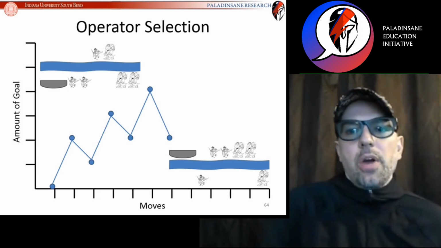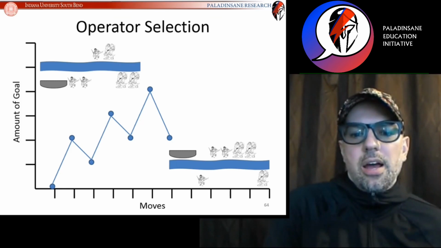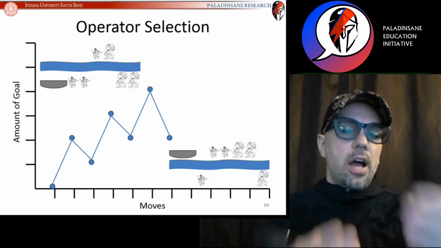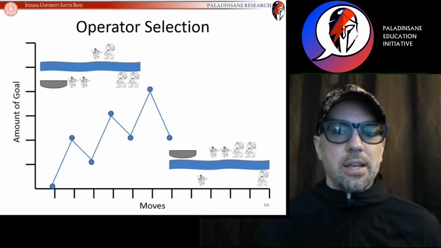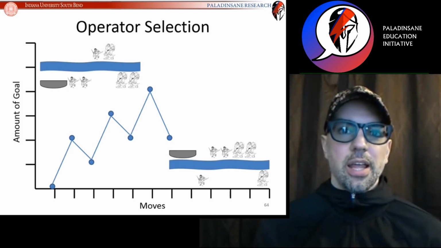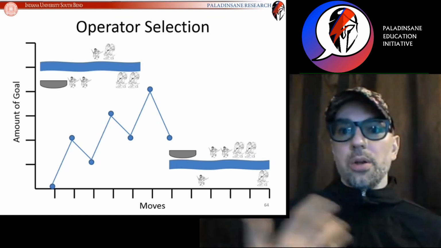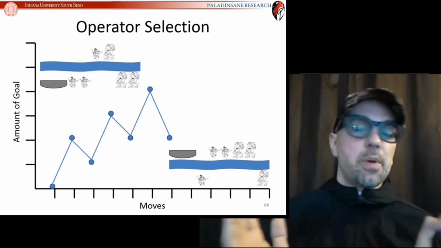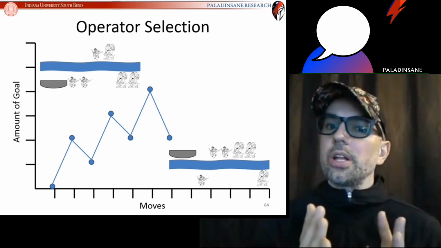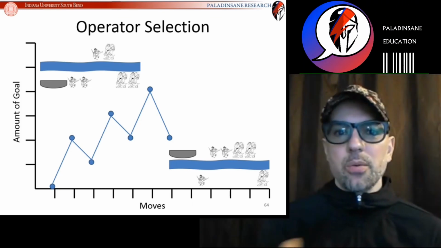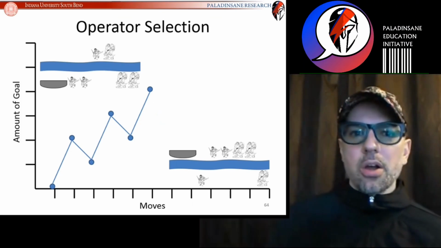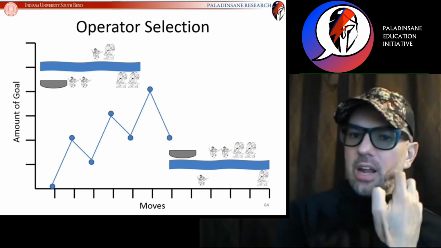So backup avoidance is coming in, and we're undoing the progress that we just did. Difference reduction is inhibiting our progress because we want to reduce the difference by the least amount. Right? We're really struggling to only send 1 person back. We don't want to send 2 people back. We don't want to go that far back down in our progress.